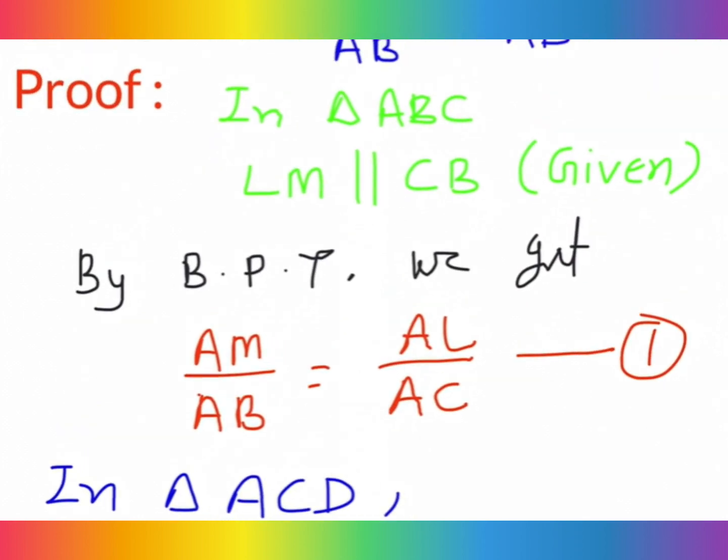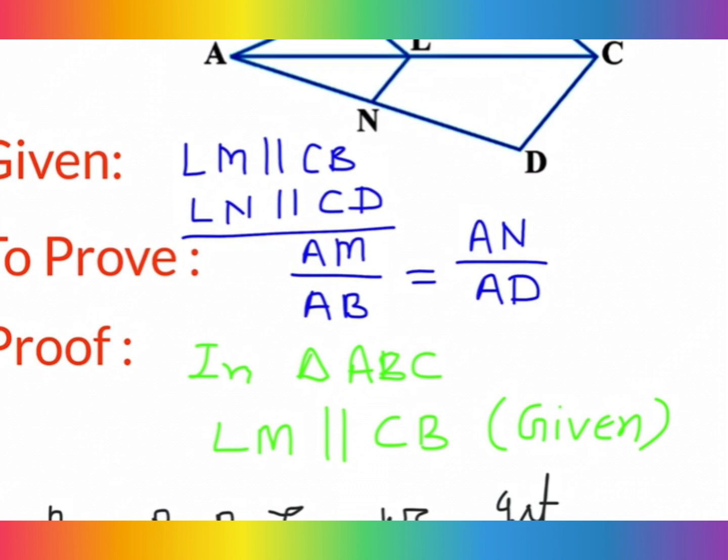Again you can observe that in a triangle, CD is one side and LN is parallel to this one side, so you can use the BPT theorem once again. AN divided by AD, the part divided by the whole side, and in the same way AL divided by AC.